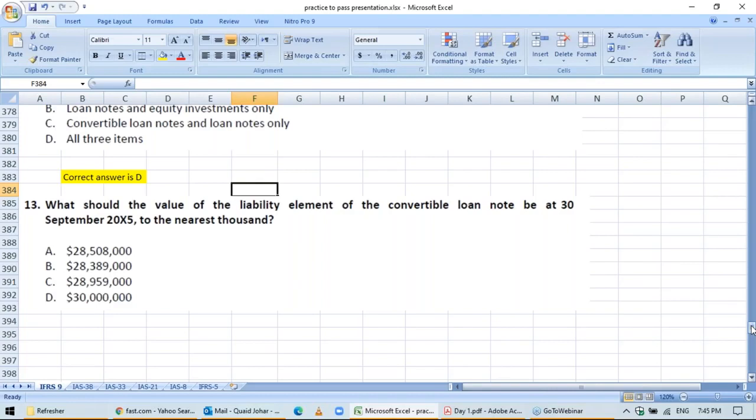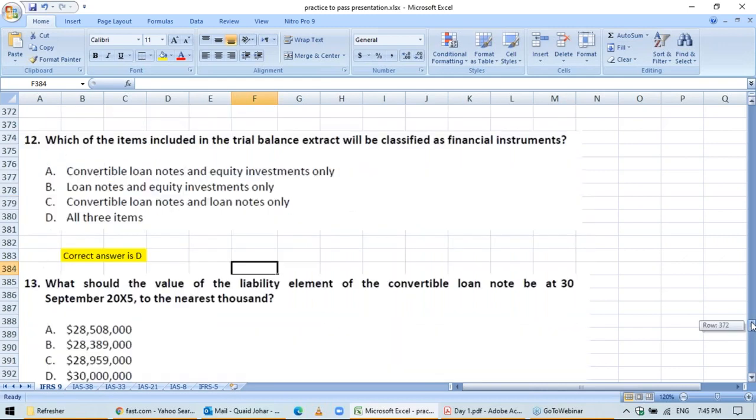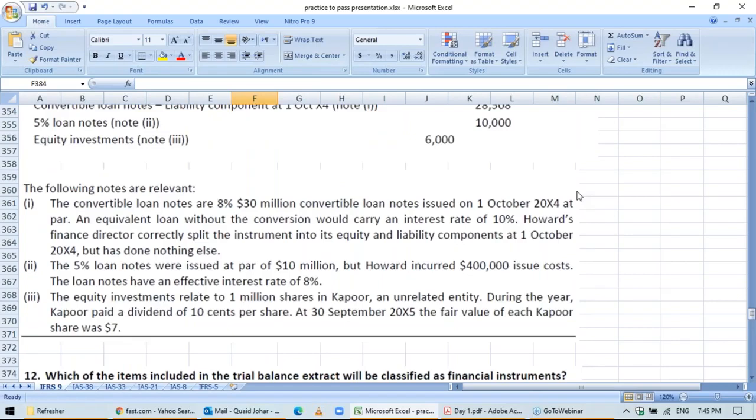So let's calculate the liability component. So according to the question, effective rate of interest is 10%, at which we'll be calculating the present value. And the loan note is issued at par, 30 million. The payment amount will be 8% of 30 million.